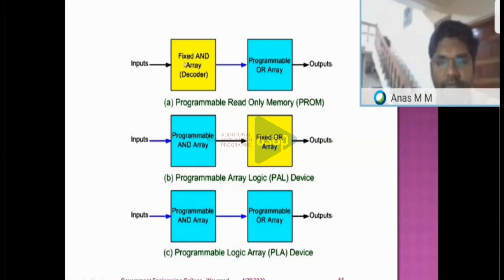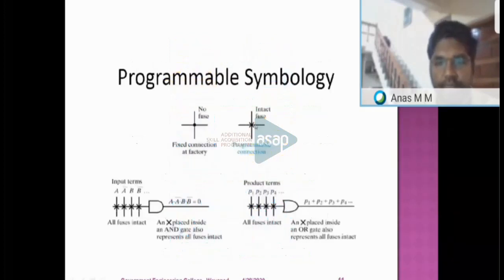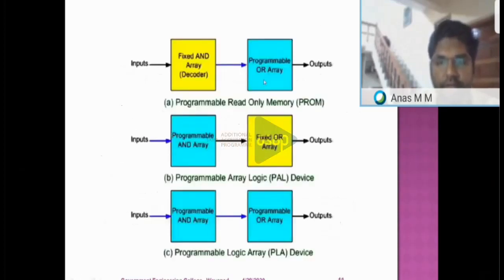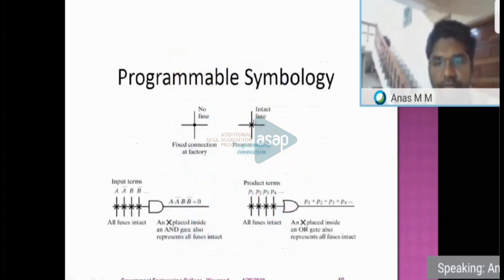In PROM, the AND array is fixed, so we are not using fuses. It is not programmable; we use fixed connections. But the OR array is programmable, which means we can use fuses or a pass transistor to make it reconfigurable.